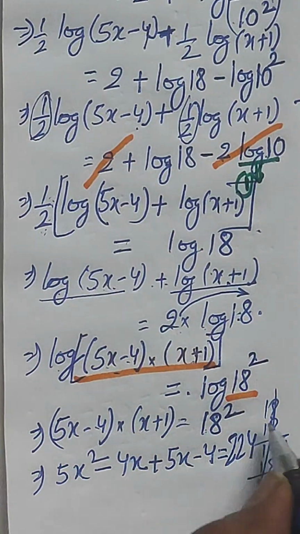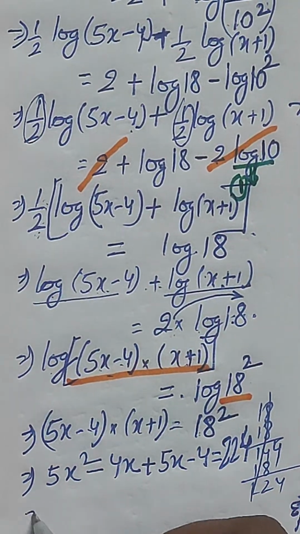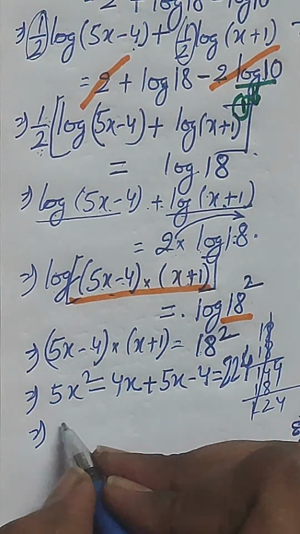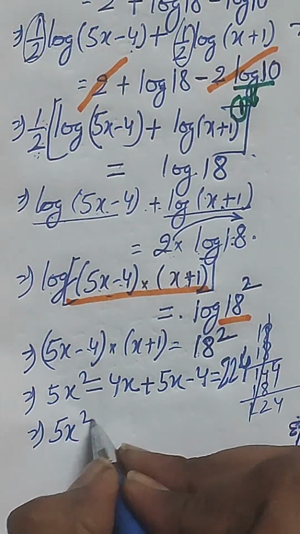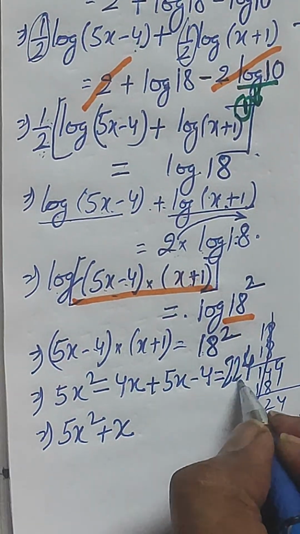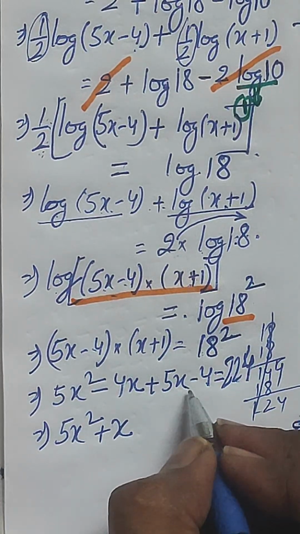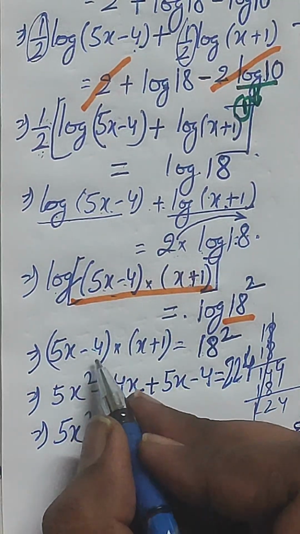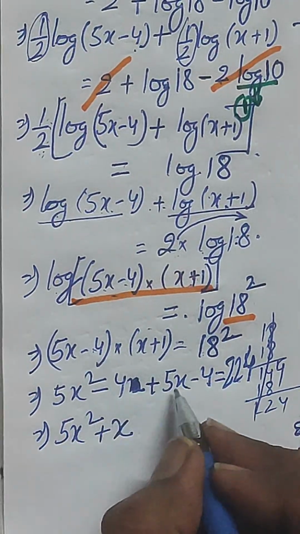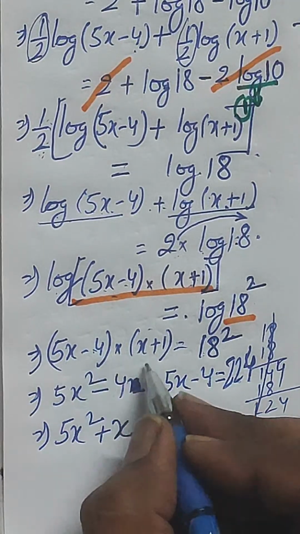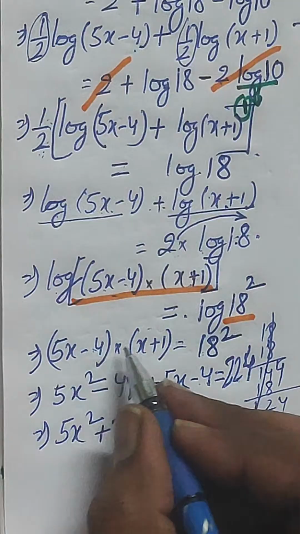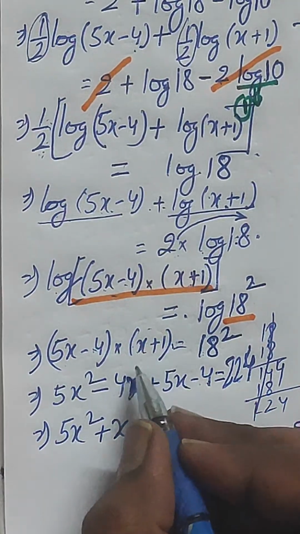I'm writing it 224. Now here we are just seeing the next step as 5x square plus x, 224 going to the LHS, and here we have 5x square, minus 4x and plus 5x, minus 4.